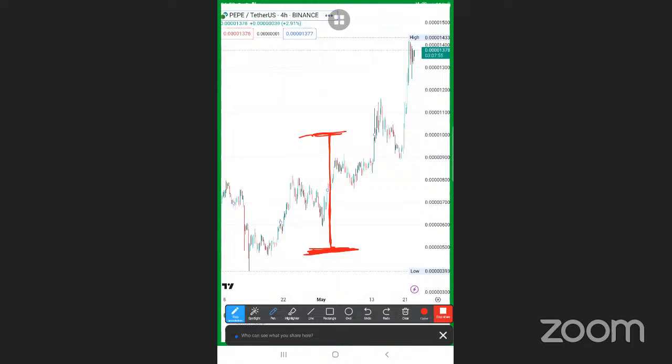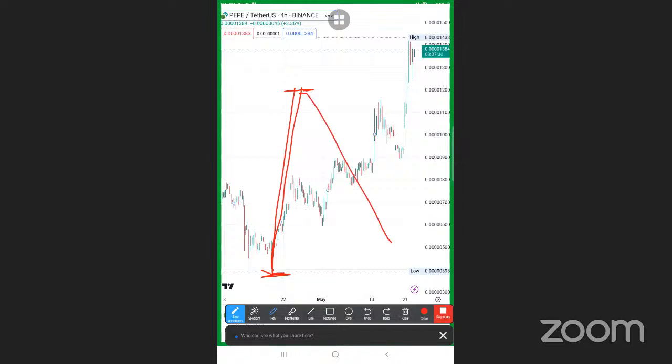While sellers do the opposite. They open from the top and close at the bottom. So buyers are the ones that push price from the bottom to the top, while sellers are the ones that push price from the top to the bottom.